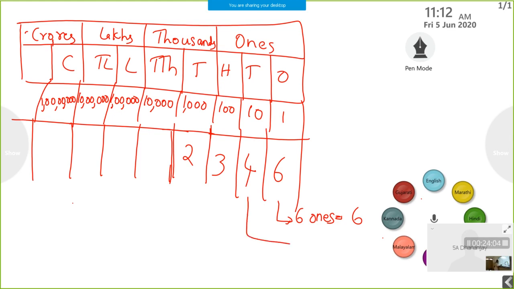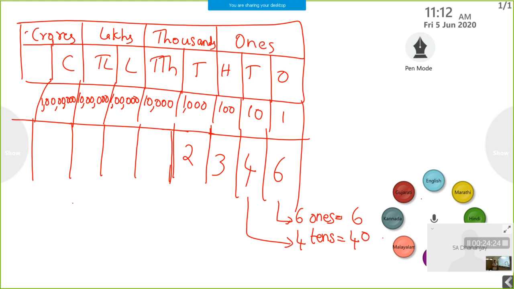Now coming to the next digit, it is 4. 4 belongs to the tens place. The tens place has the value 10, and we have the digit 4 in that place, so the place value is 4 tens, that is 4 into 10, which is 40.